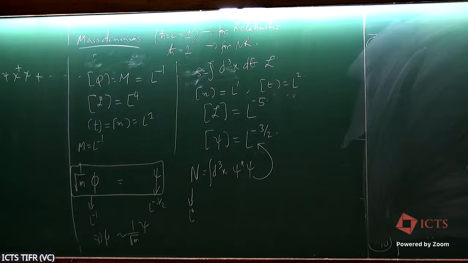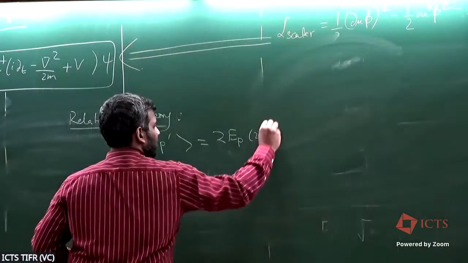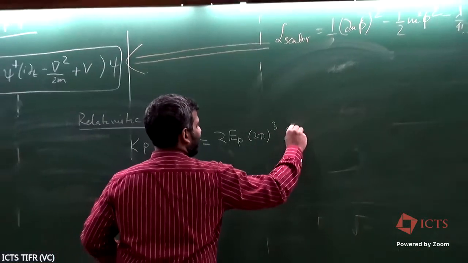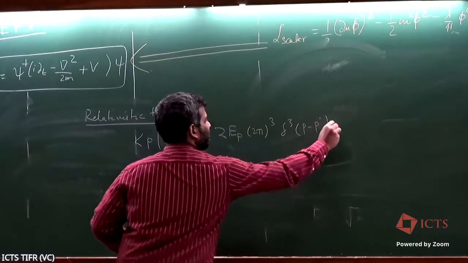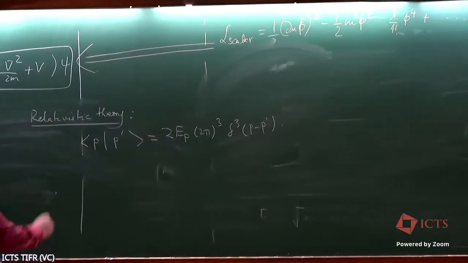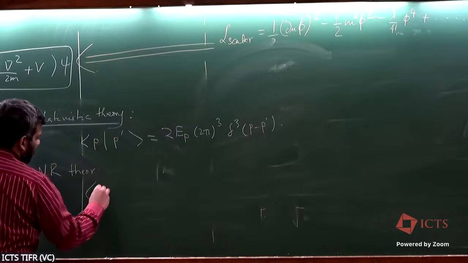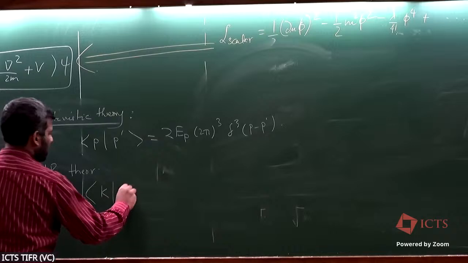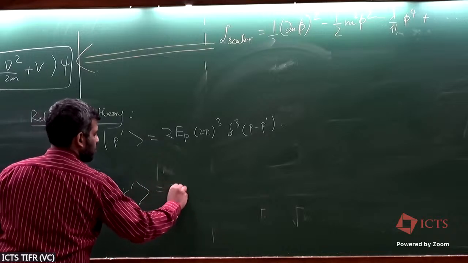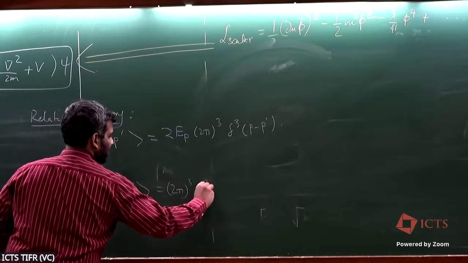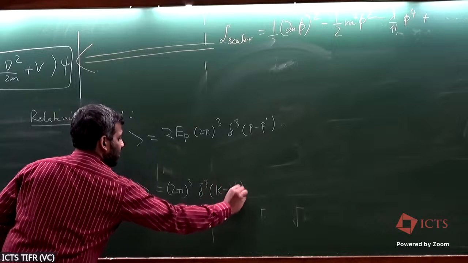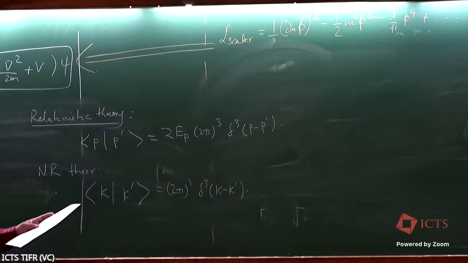my field or my states are normalized as, okay. Whereas in non-relativistic theory, so I will write it as k just to differentiate, is (2 pi)^3 delta^3(k minus k prime).